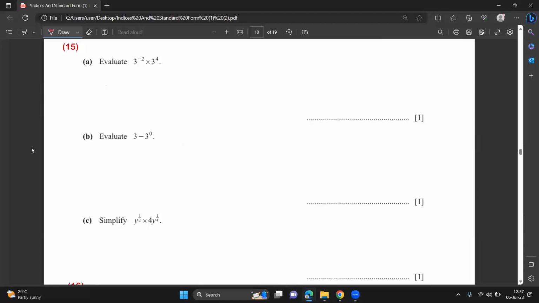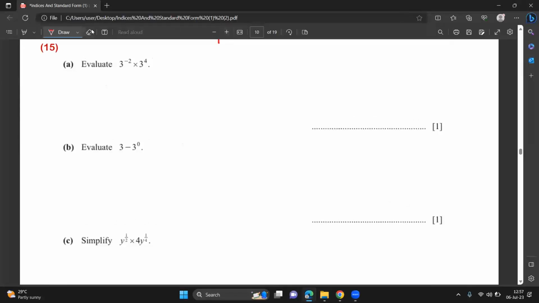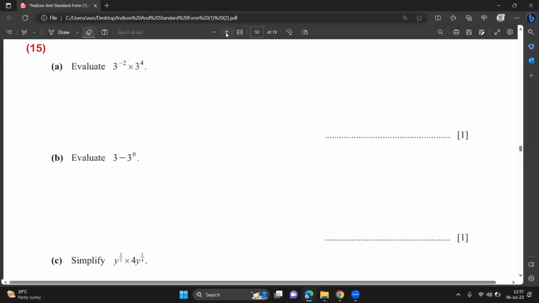Don't take too long because it's very easy. 3 to the power minus 2 into 3 to the power 4. You tell me, what's the answer? Not that. 8, yes.